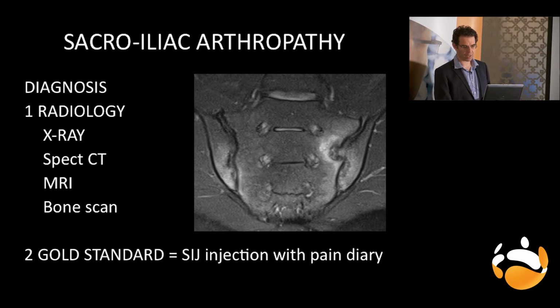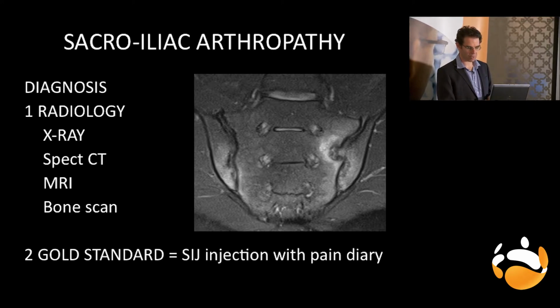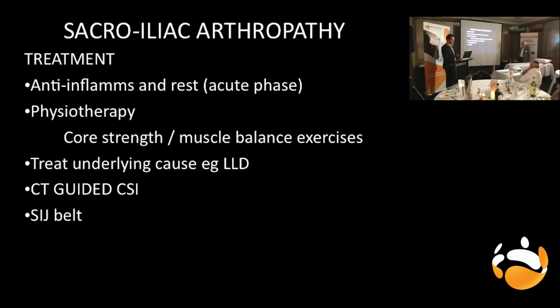Usually starts on the iliac side of the joint, but we can see on MRI here erosion, bone marrow edema, sclerosis, but the gold standard as far as getting a response is to do an actual sacroiliac joint injection with the pain chart, which I'll show you later. And other treatments include physiotherapy, exercises, anti-inflammatory, rest, SIJ belt, treating the underlying cause, etc.